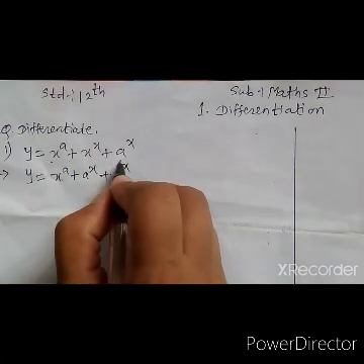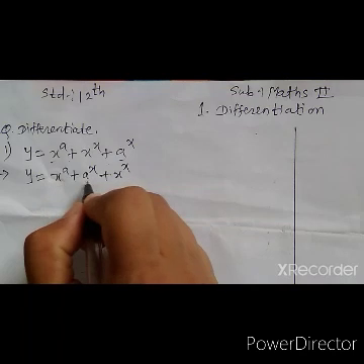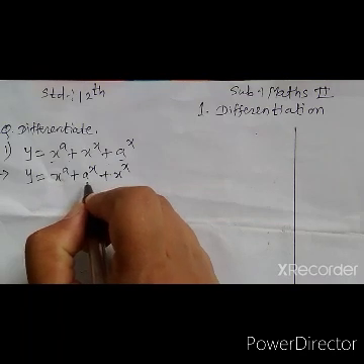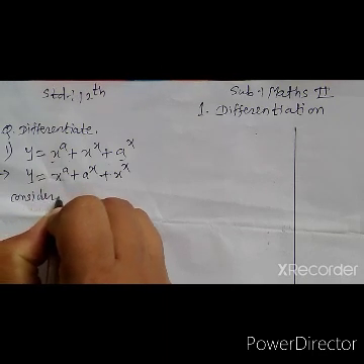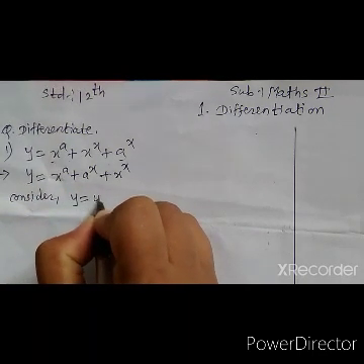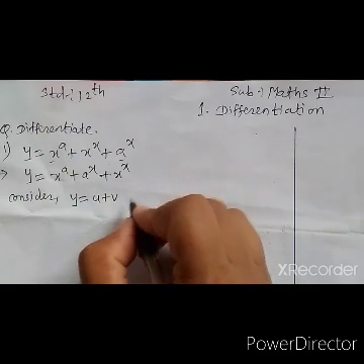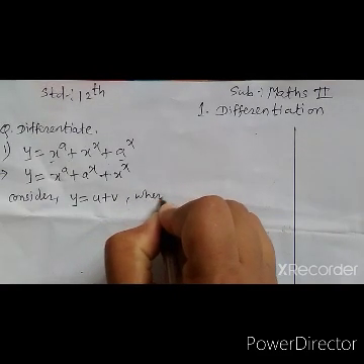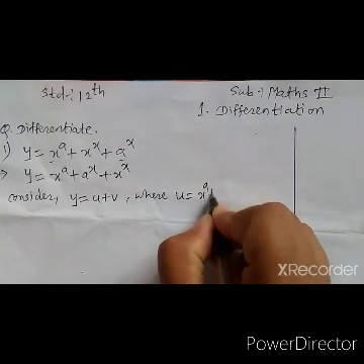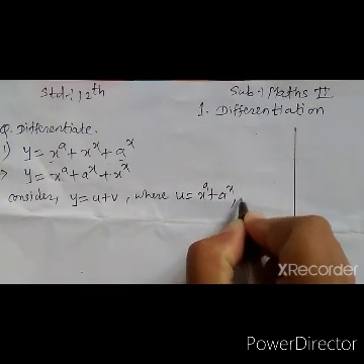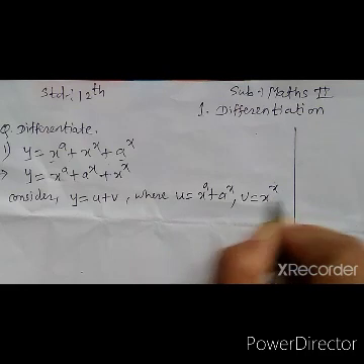In both the terms, a is there and a is a constant term. Now consider y is equal to u plus v, where u is equal to x raised to a plus a raised to x and v is equal to x raised to x.